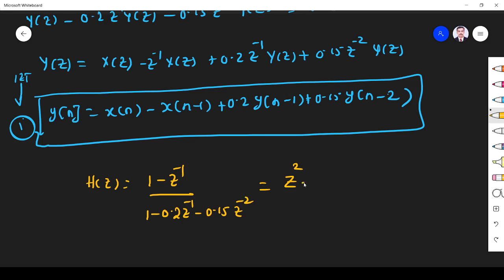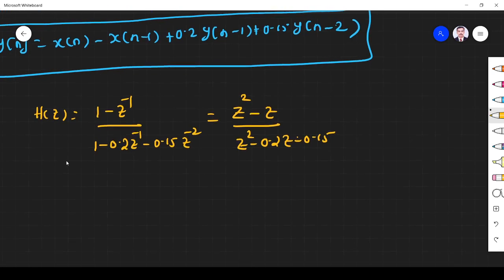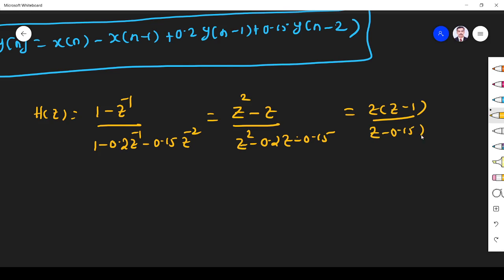So it is z squared minus z divided by z squared minus 0.2z minus 0.15. We can write this as z into z minus 1 divided by, if we factorize, z minus 0.5 times z plus 0.3.